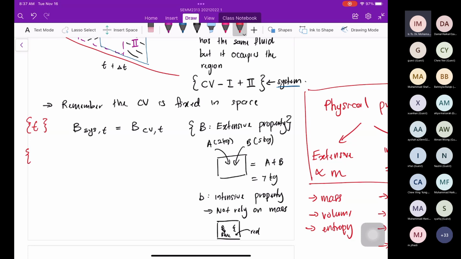After a short time, t plus delta t, now it begins to change, by following this formula.